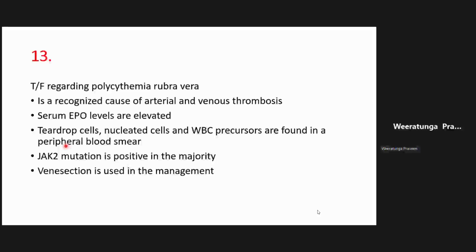For PRV, the treatment is venesection. Some people give hydroxyurea, that is to prevent the cells in the bone marrow from proliferating. Hydroxyurea is used for that. So look, the MCQ is correct, right? Sorry, I forgot to mention that you can guess arterial and venous thrombosis.